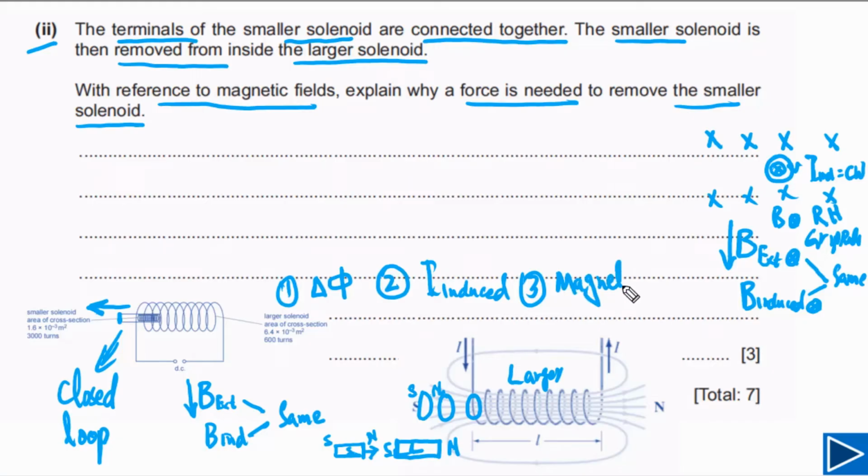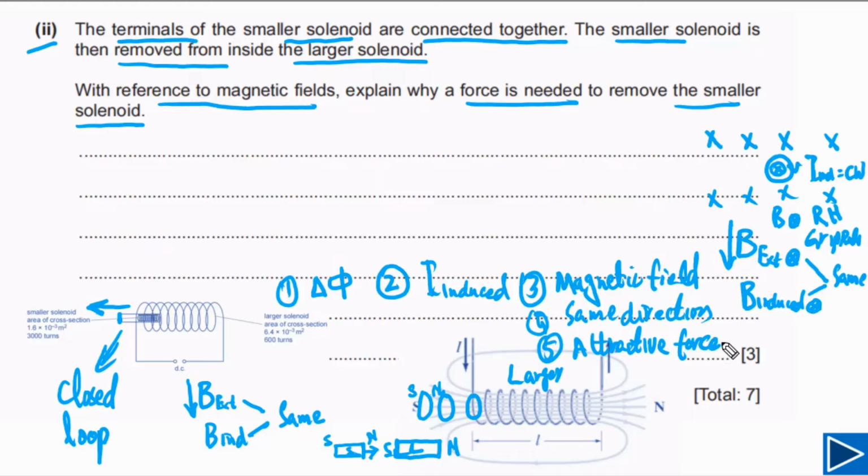The magnetic field of the induced current and the magnetic field of the larger solenoid will be in the same direction. So there will be an attractive force between these two solenoids due to interaction between two magnetic fields. That's all we need to write down, and this question has 3 marks.